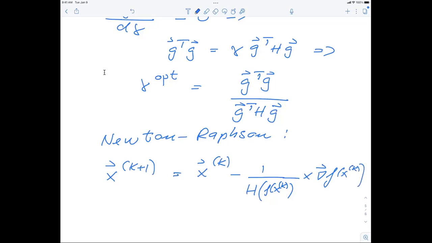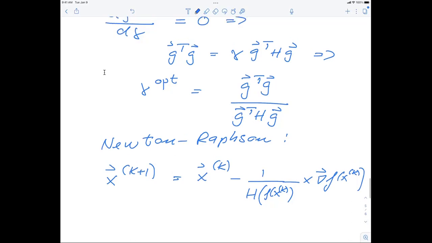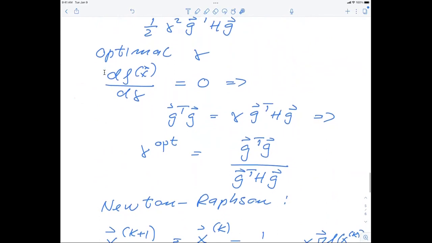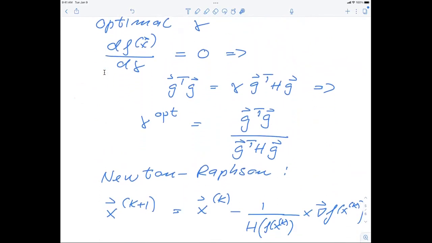One of the things we did when we made the approximation above is assume that x minus x0 is given by this gamma times the gradient. And what we have found is that we have a variable gamma, which is given by the inverse of this Hessian matrix.